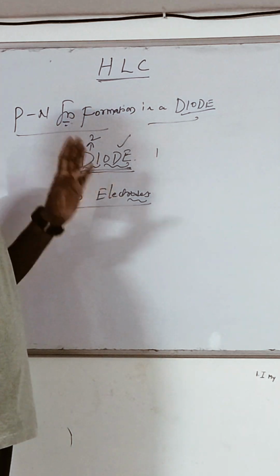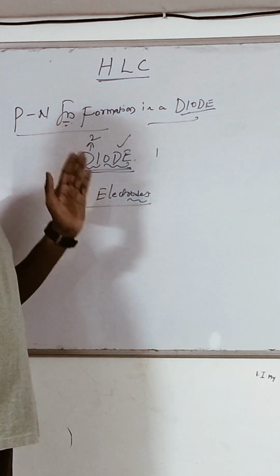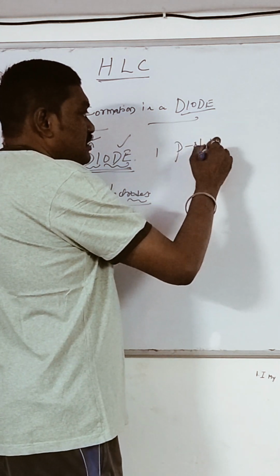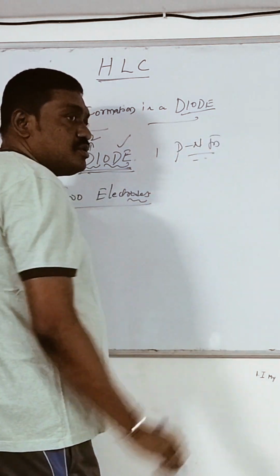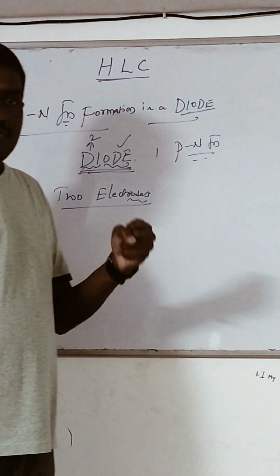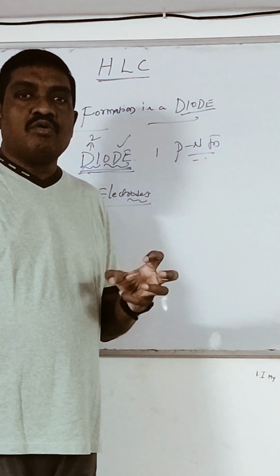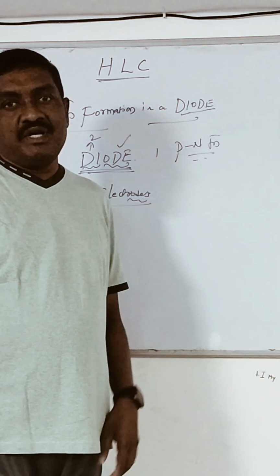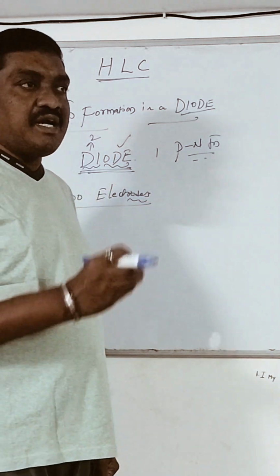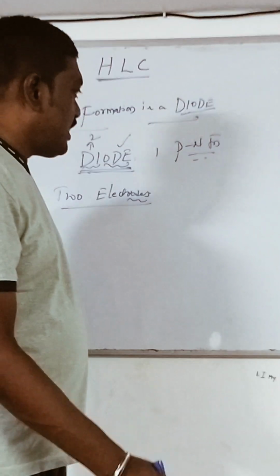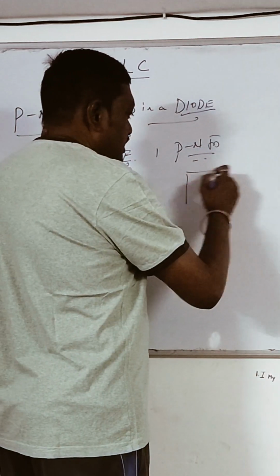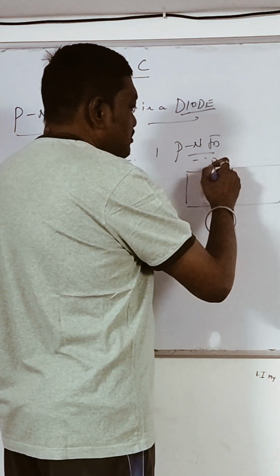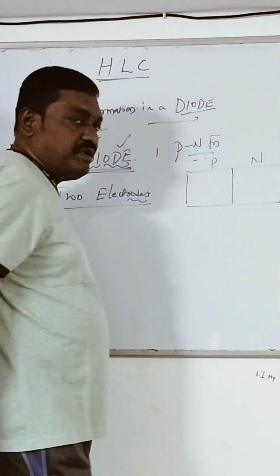In this particular segment, we are studying the PN junction diode. What does it mean? It is a diode formed with the combination of P-type and N-type material. Whenever a P-type material is added to an N-type material, a PN junction forms.